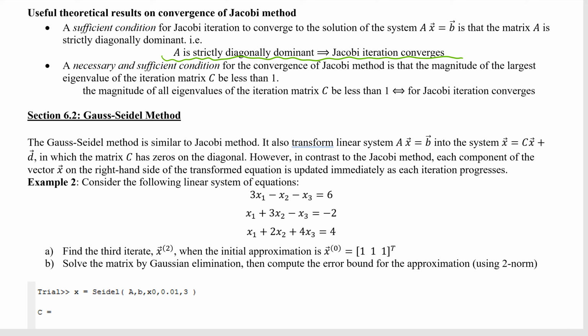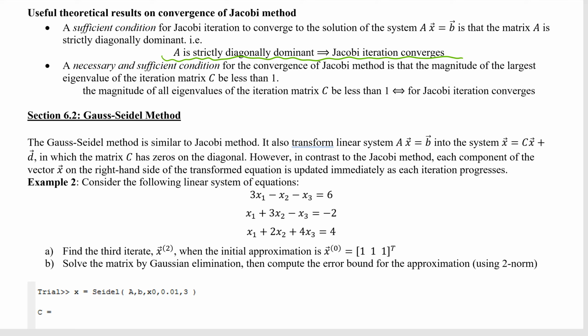Okay, a necessary and sufficient condition for the convergence of the Jacobi method is that the magnitude of the largest eigenvalue of the iteration matrix be less than 1. So if the magnitudes of all eigenvalues of the iteration matrix C are less than 1, if and only if, the Jacobi iterations converge.